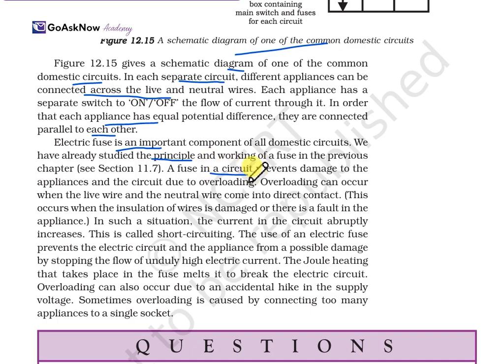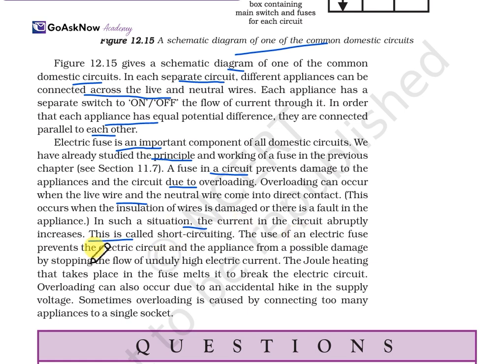Also, in the fuse circuit diagram, it protects against circuit overloading. Overloading can occur when the live wire and the neutral wire touch. This occurs when the insulation of the wire is damaged, or there is a fault in the appliance. In such situations, the current in the circuit abruptly increases. This is a short circuit.